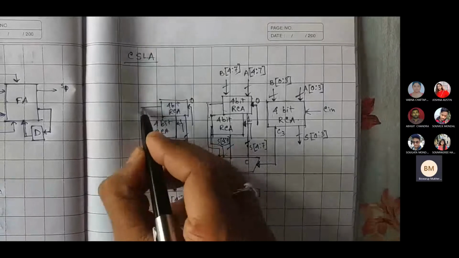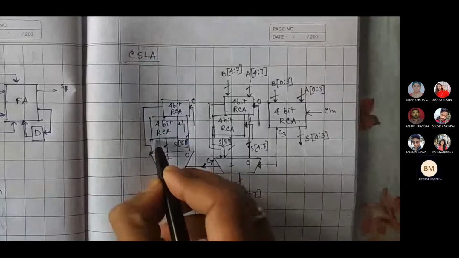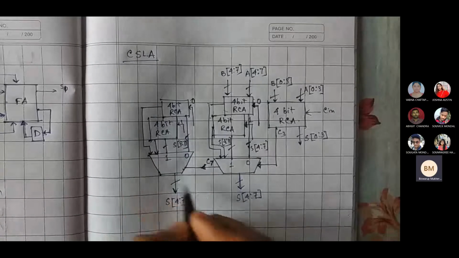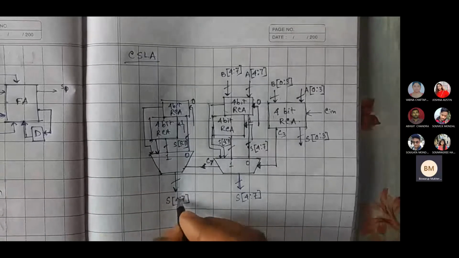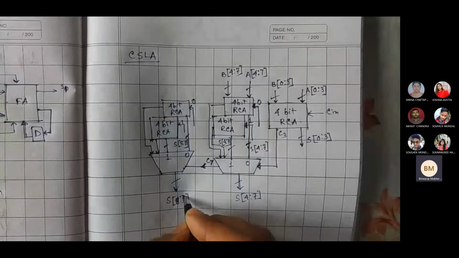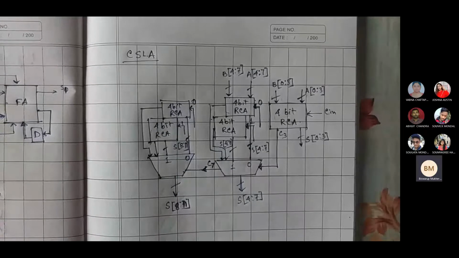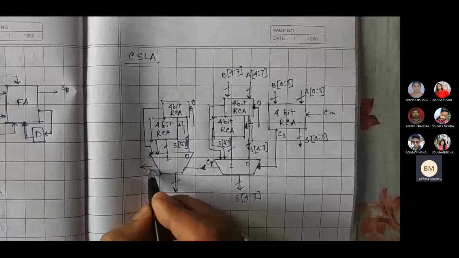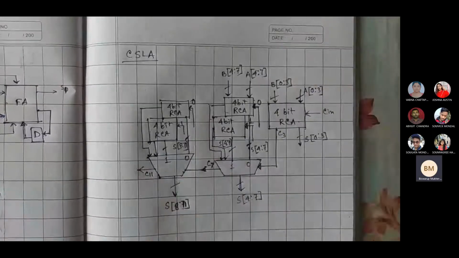Similarly, the carry bits are also selected as it is. This would be 8 to 11, and C11 will be the final carry.